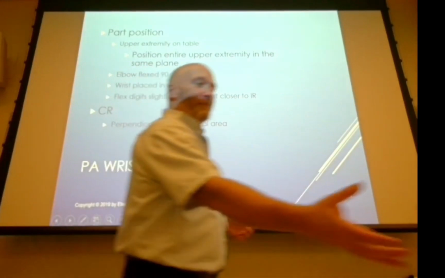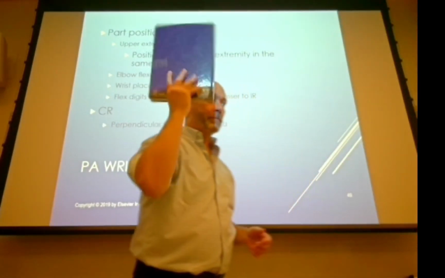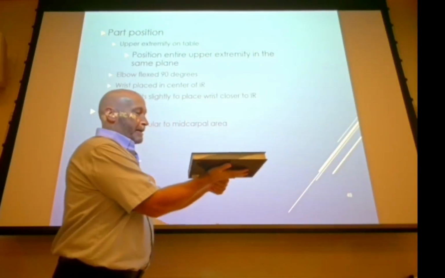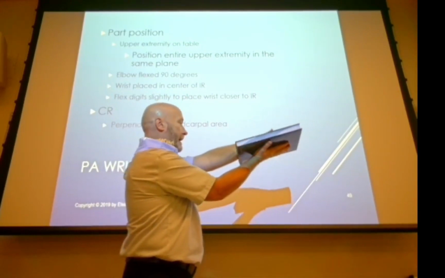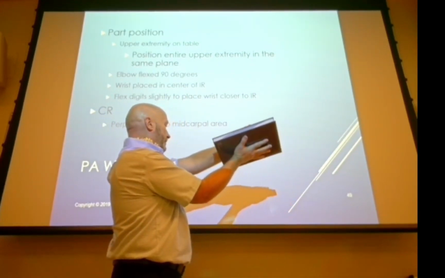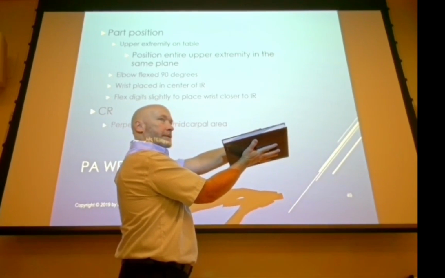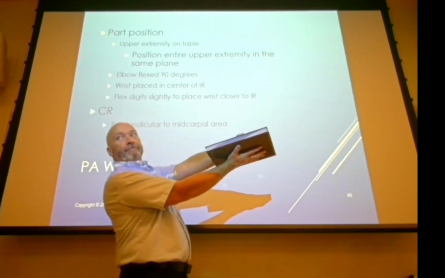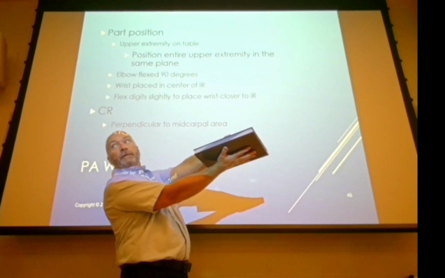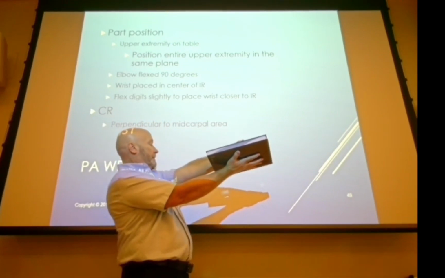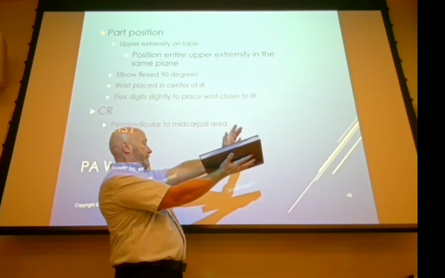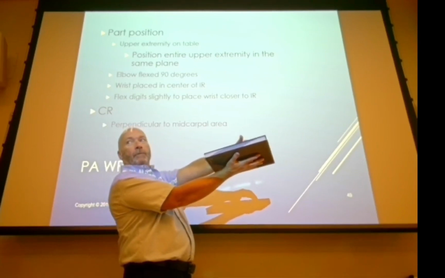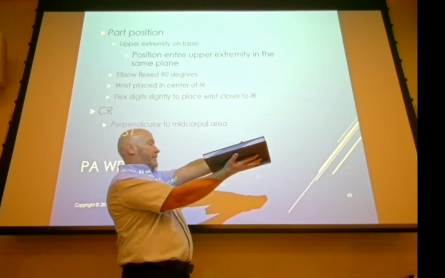All right. If this is image receptor, it's not a book. So if I take my hand and I put it flat on the book, the image receptor, look what happens. Can you see the gap there? Can y'all see over here? Can you see the gap between my wrist and the book? And I just kind of gave away what I want you to do.